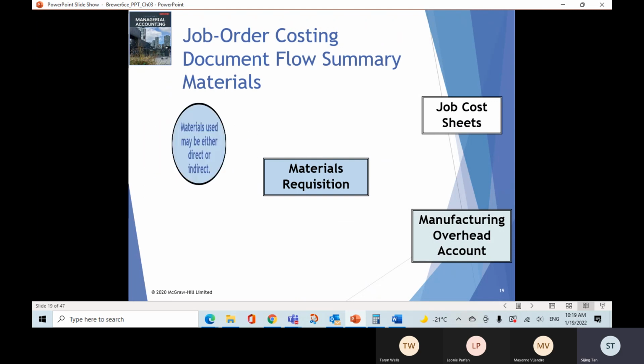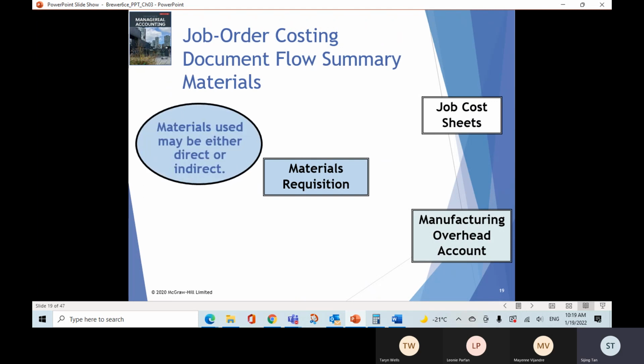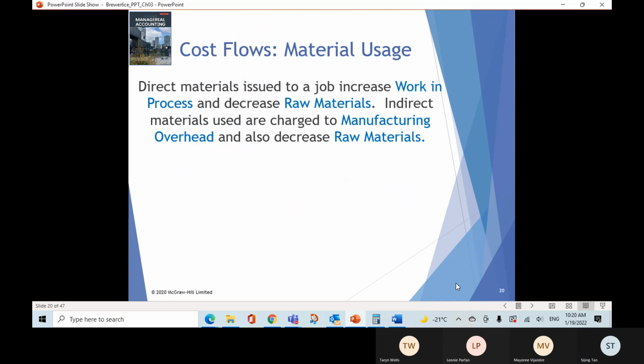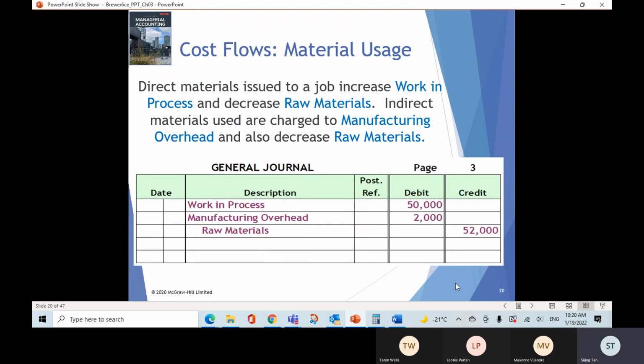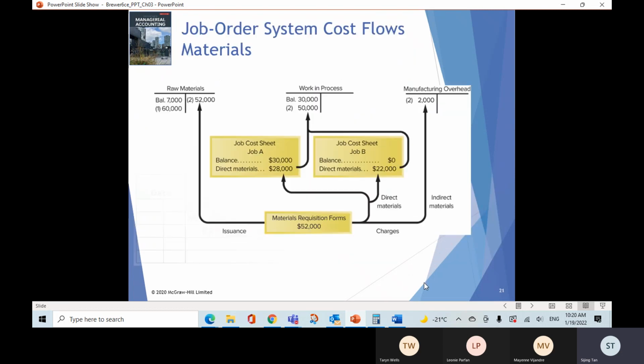The raw materials can be used either directly or indirectly, and the direct will go to job cost sheets. Indirect will go to the manufacturing overhead account. So direct materials will go to work in process, so we debit work in process, and then our indirect will go to manufacturing overhead. We debit manufacturing overhead, and credit raw materials in total.